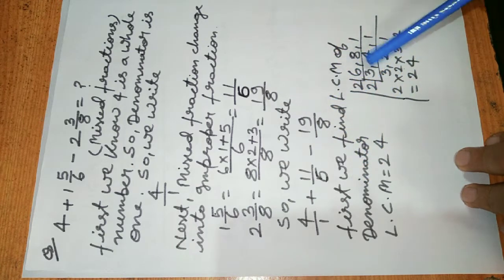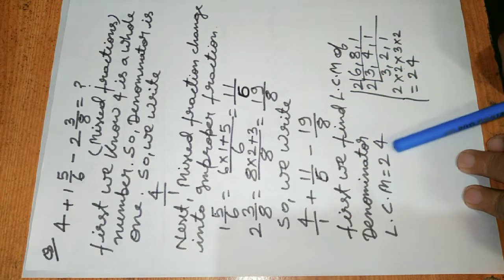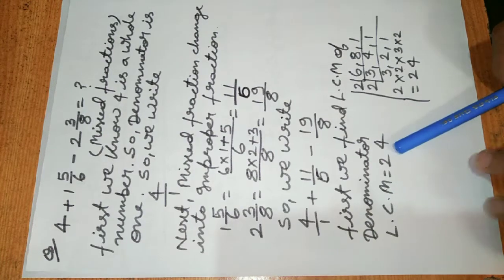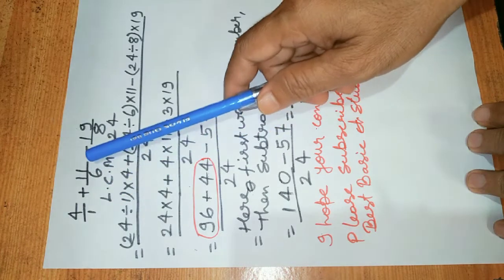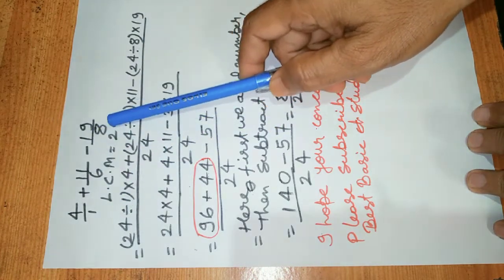First we find the LCM of the denominators. LCM is equal to 24. Here 4 by 1 plus 11 by 6 minus 19 by 8.